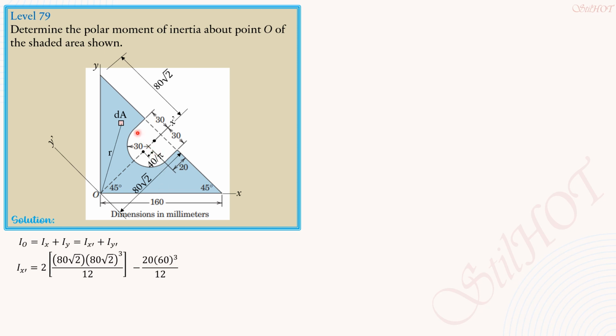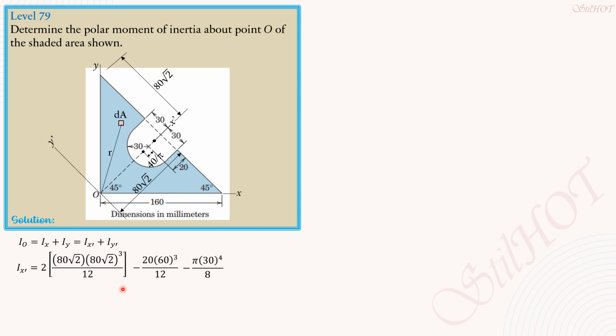Then we subtract the moment of inertia of this semicircle with respect to this axis here, and we just treat it as two quarter circles, right? Although this is the centroid, with respect to this axis, it's like a quarter circle with respect to this axis and another quarter circle with respect to that axis. And therefore, the formula is pi r to the fourth over 8. So minus pi 30 to the fourth over 8.